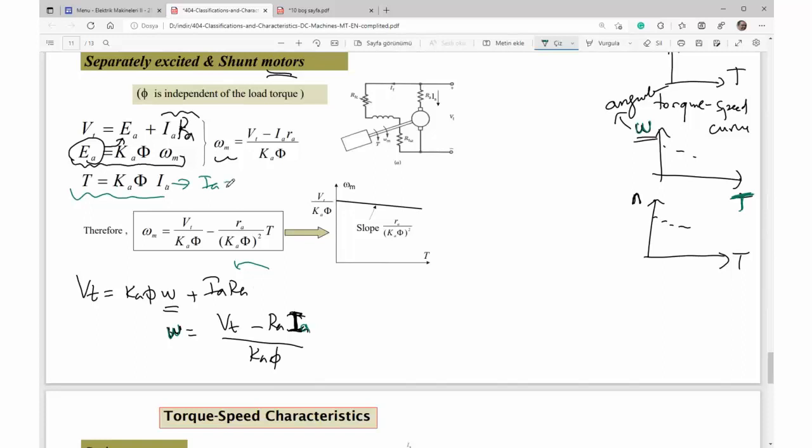Current is equal to torque divided by Ka phi. And then substitute it here. Vt minus RA, instead of current, substitute the torque equivalent. Torque over Ka phi.